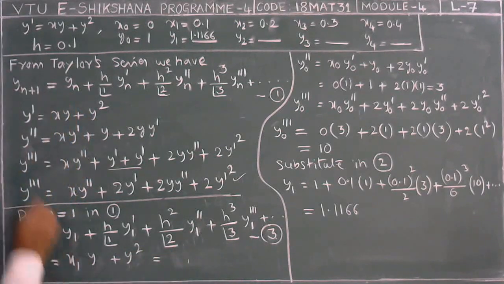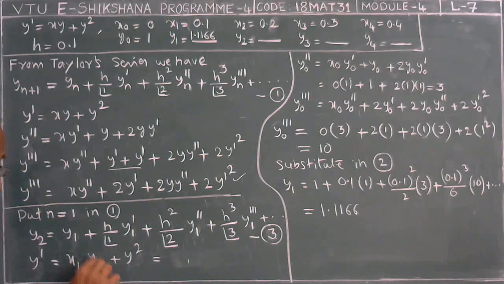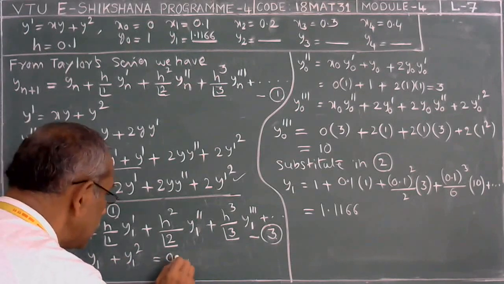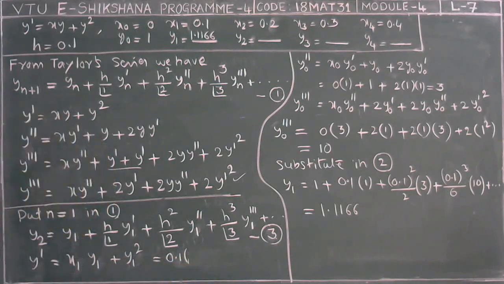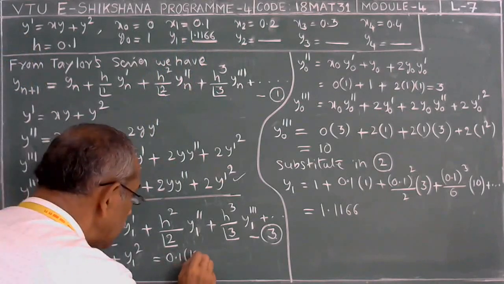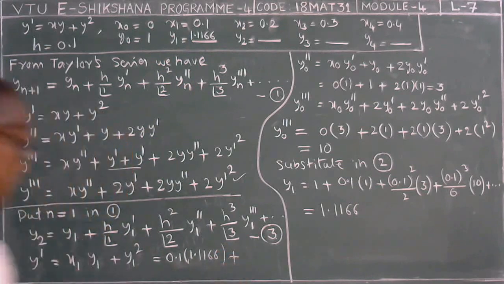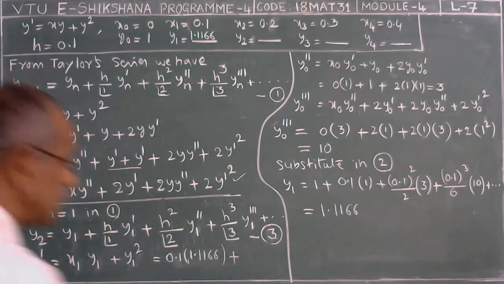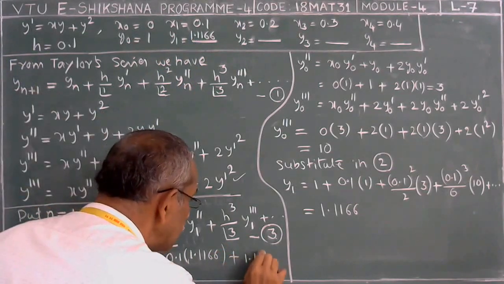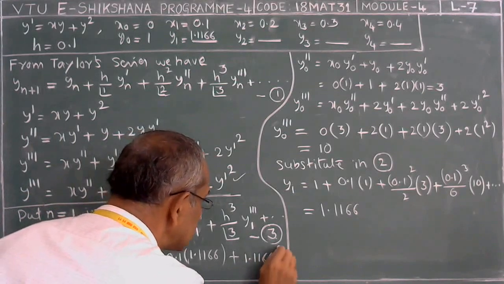Now y1 dash is x1 into y1 plus y1 square. So x1 is 0.1 into y1, y1 is this 1.1166, plus y1 square, y1 square is 1.1166 square.